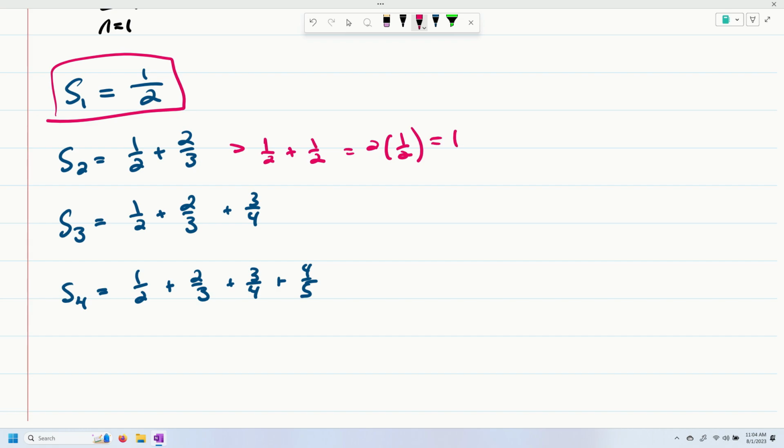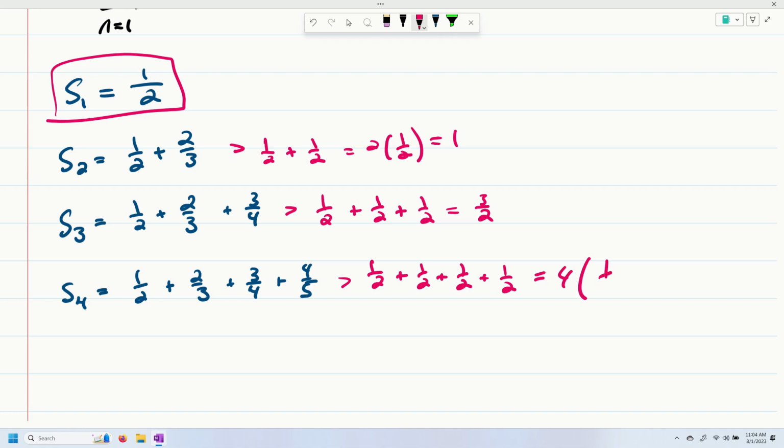Now, with the third one, this is going to be greater than 1 half plus 1 half plus 1 half, which is 3 over 2. And this is going to be greater than 1 half plus a half plus a half plus a half, which is 4 times a half, or 2.